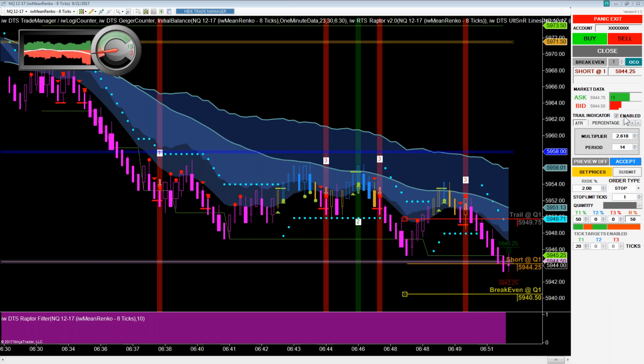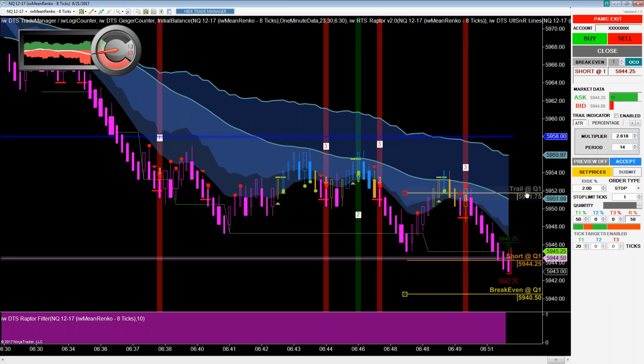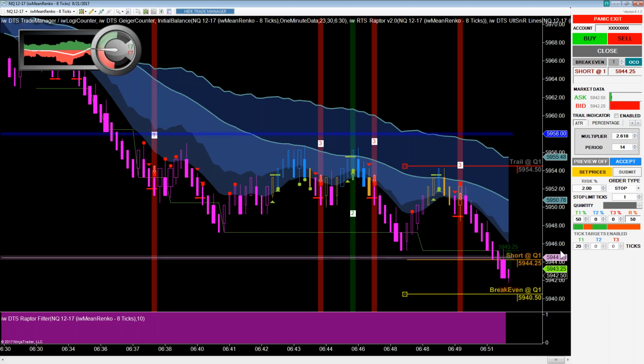I probably should hold my stops back a little bit. There we go. We're settled on the secondary support zone here. That's kind of holding us up.